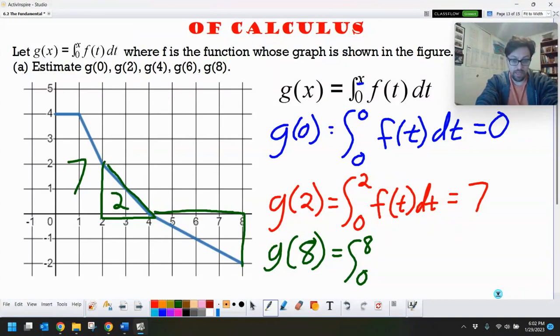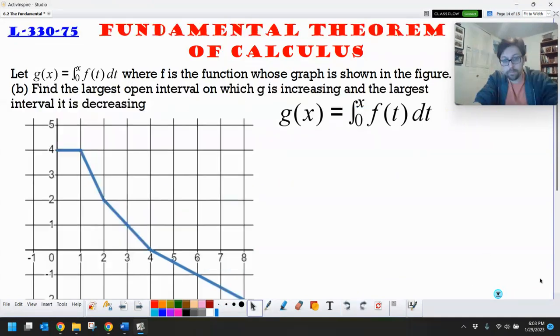Since this is going to be negative, its area is going to be -4, just finding that area of the triangle. So g of 8, which is f of t dt from 0 to 8, is going to have an area of 5, 9 minus 4.